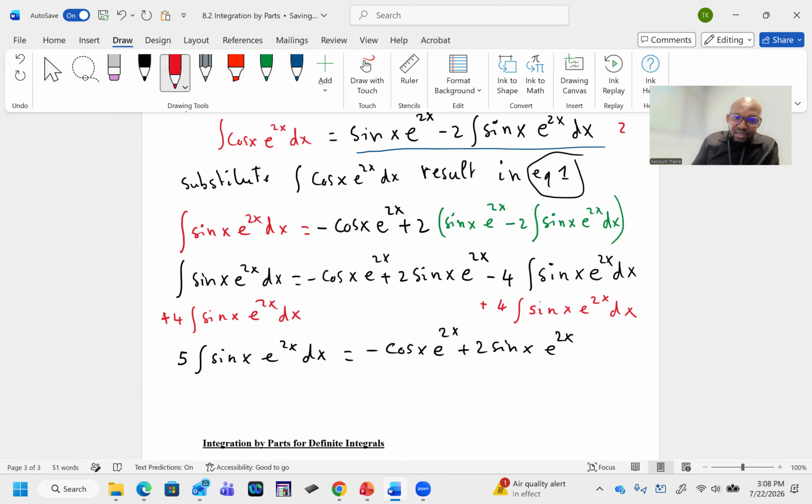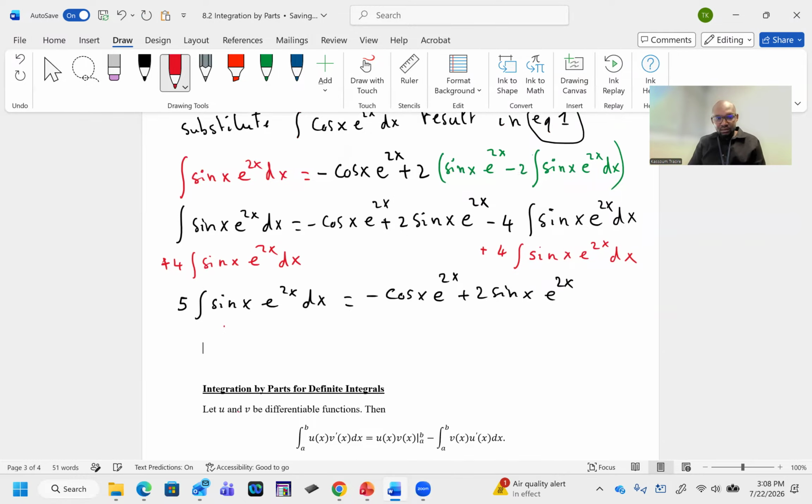So my final answer will be: the integral of sin x e to the power of 2x dx would be equal to negative 1 over 5 times cosine x e to the power of 2x plus 2 divided by 5 sin x e to the power of 2x plus c.